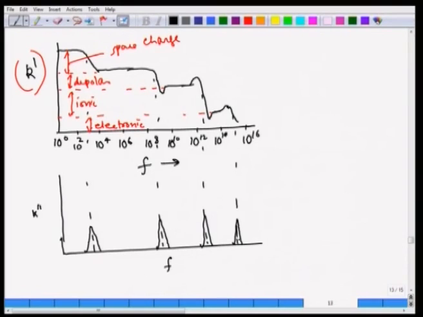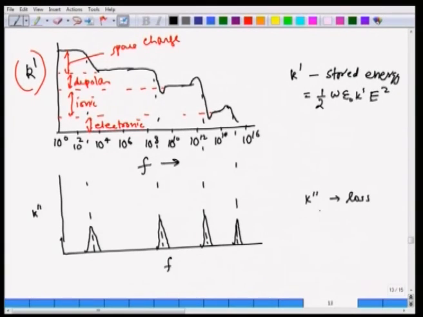Remember what K prime is. K prime is about stored energy, and K double prime is about loss. The stored energy, if you do half CV square and integrate over the time period, you should be able to show is equal to epsilon naught K prime E square.